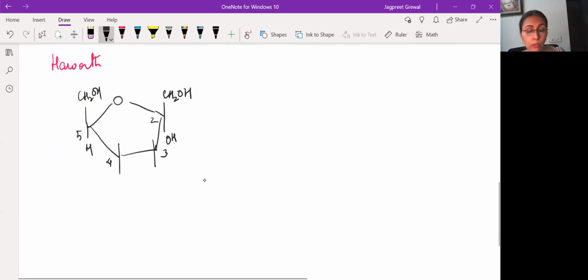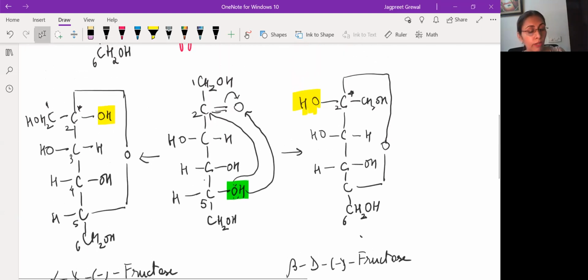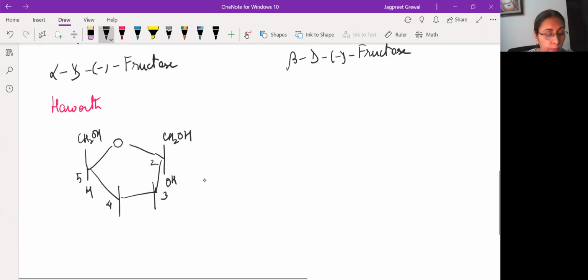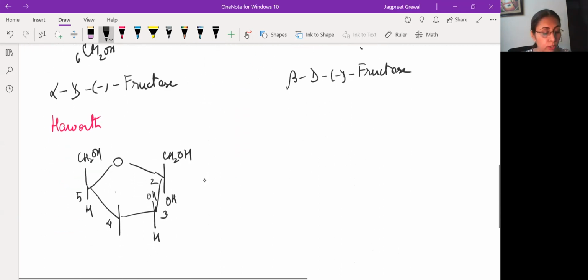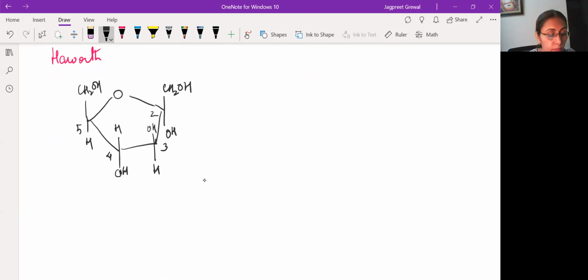Next is again C3, you can see the configuration, OH up, H down. Then C4, you can check H, OH. And this is your H.